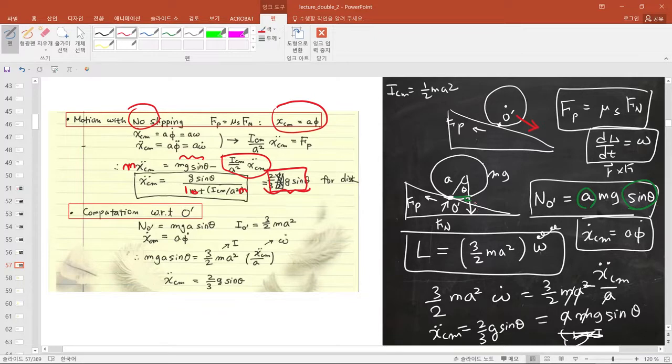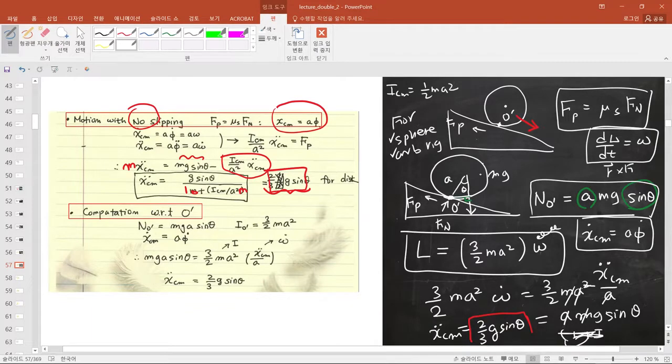So even if you calculate this motion with respect to this point, okay, the results are obviously the same. Of course, it should be. And this I just did for the disk, but for a sphere or arbitrary rigid body, the result must be the same. This one is just done for the disk.